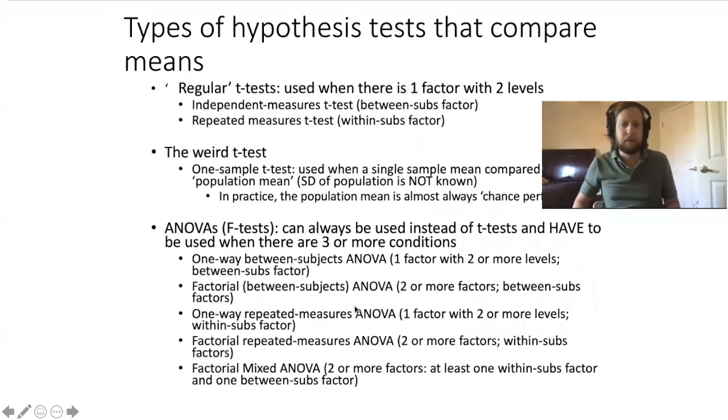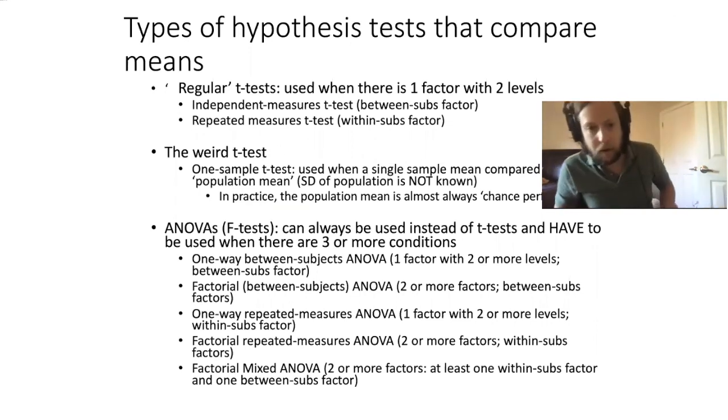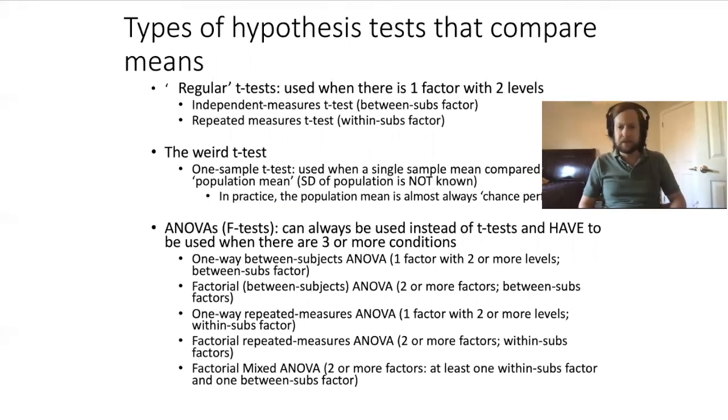So this stuff is important because we have all these hypothesis tests that we can use to compare the means of the various conditions in a study. And you use different hypothesis tests depending on whether the factors in your study are between subjects or within subjects. So let's just go through some of this terminology to make sure that some of it's sunk in from last time. If I say factorial, what did I mention last time?